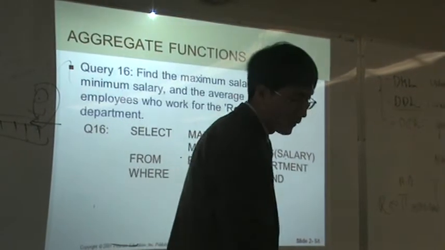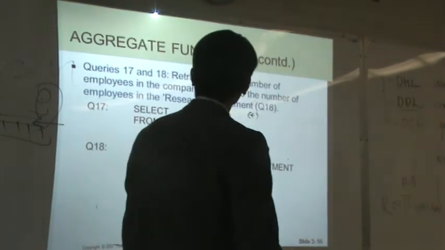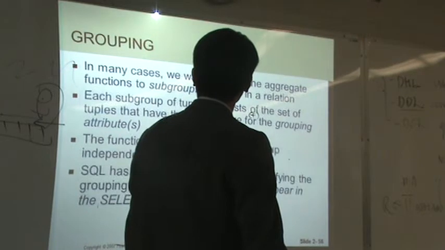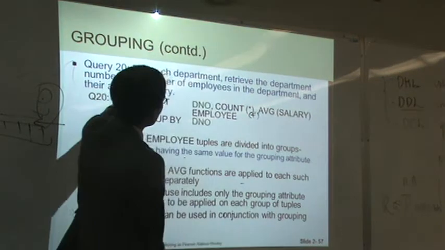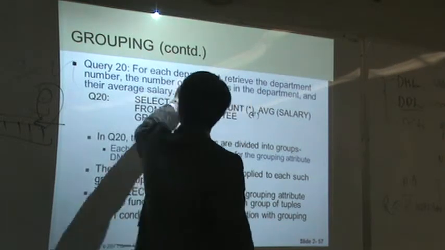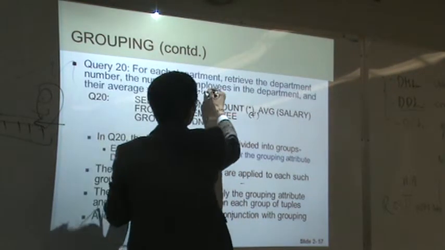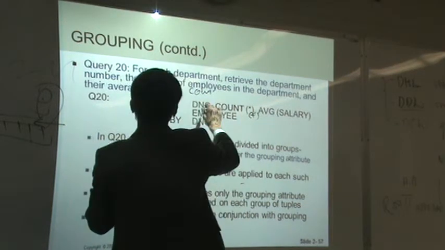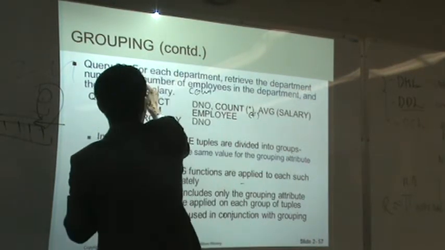Okay? What if we have a grouping factor? For example, this one. For each department, return the department number and number of employees. This is count. And this is the average salary.